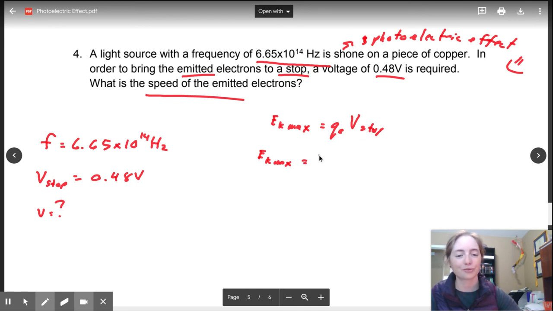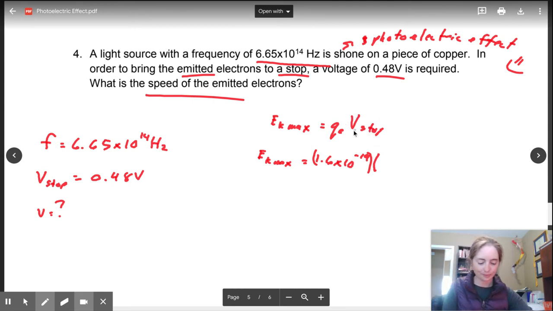So, ladies and gentlemen, our Q of our electron, that's a constant. That's on the back of your data sheet. And then our V stop is going to be the lovely value of 0.48 volts.